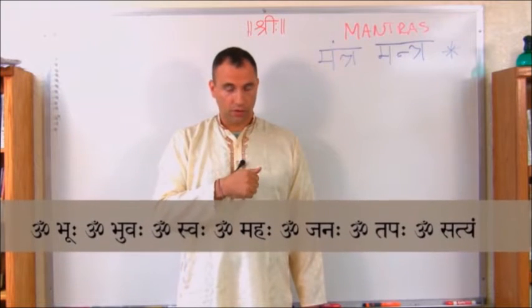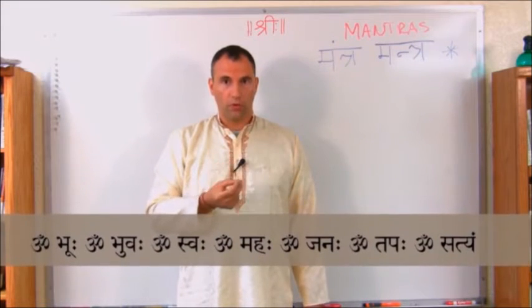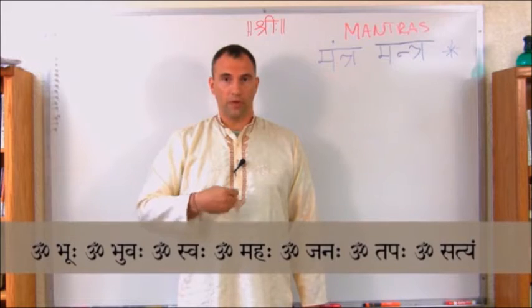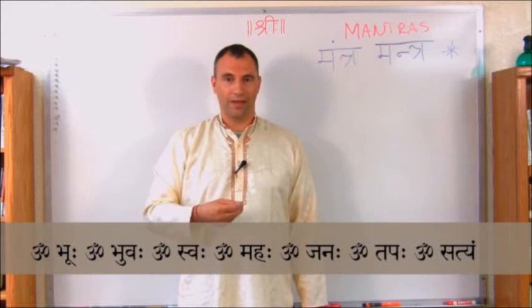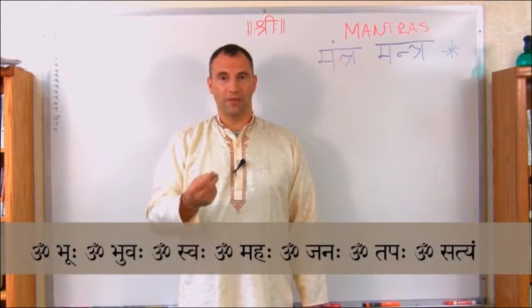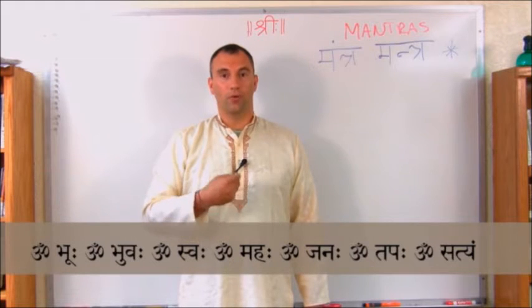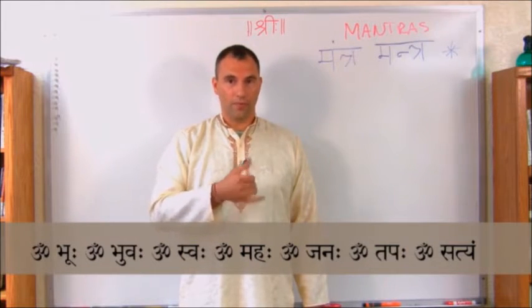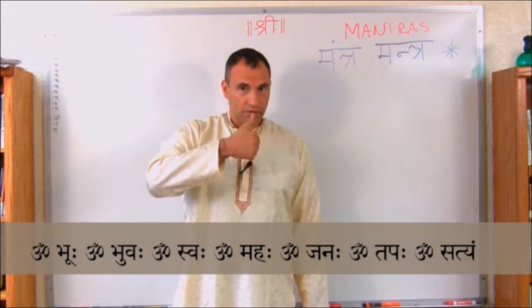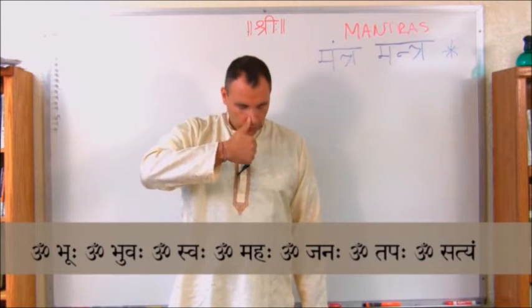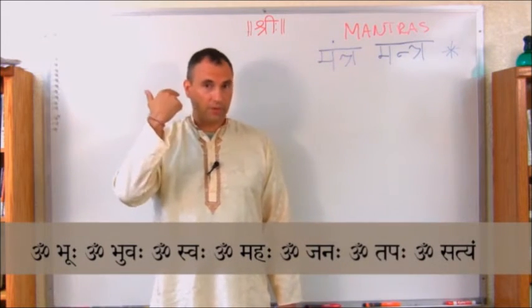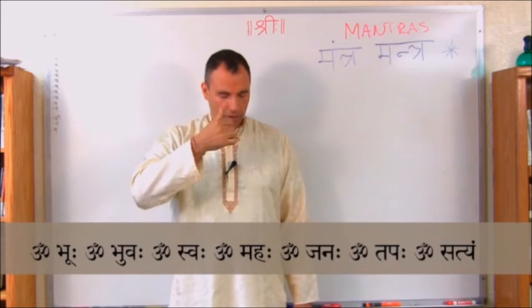And the full Gayatri goes like this. As you're inhaling, you're going to say Om Bhuhu, Om Bhuvaha, Om Suvaha, Om Mahaha, Om Janaha, Om Tapaha, Om Satyam, Om Bhuhu, Om Bhuvaha. So as you inhale, say this. I'm going to do this now so you can see, and I'm saying it internally. Obviously, I'm not saying it out loud.